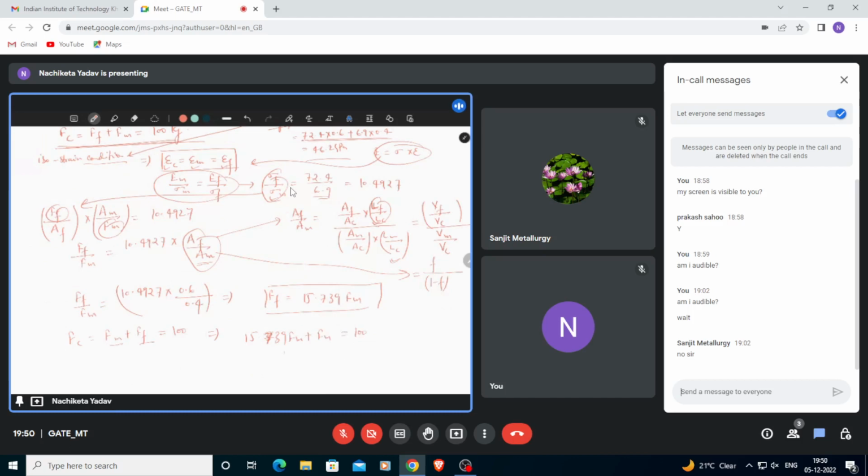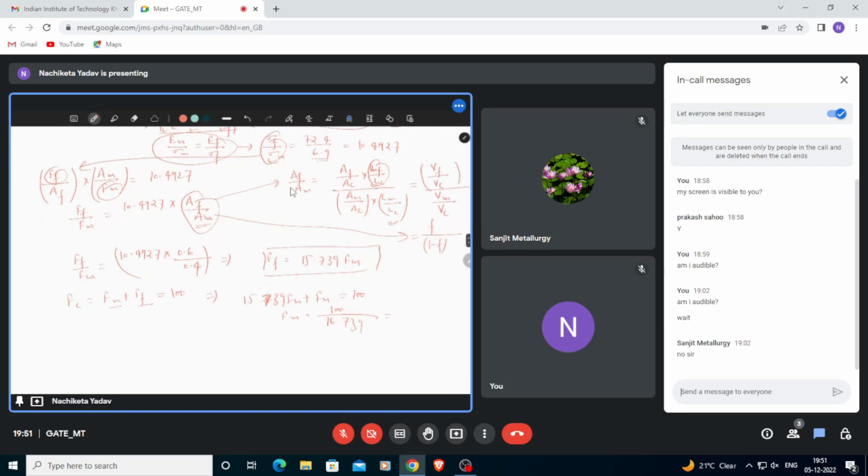If you take FM common, you will get 100 divided by 1 plus 15.739, which is 5.97 kg.